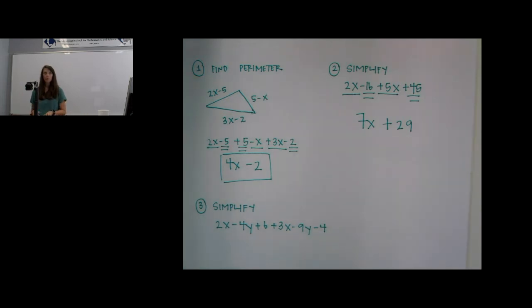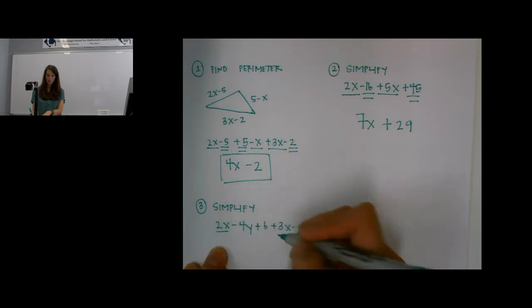So then, number 3, we want to combine our like terms. How many different like terms do I have for number 3? Okay, hope you said 3. I've got an x, I've got a y, and then I've got constants.